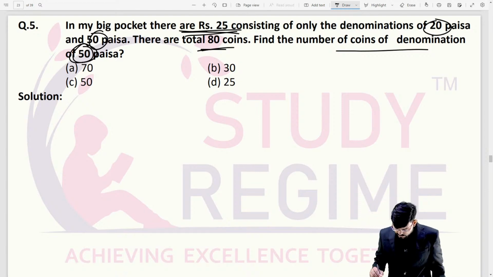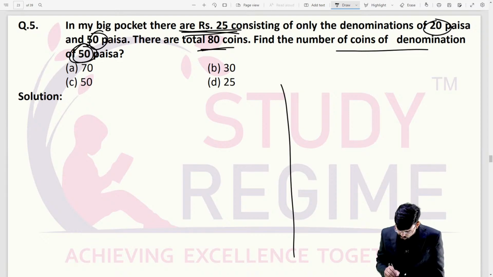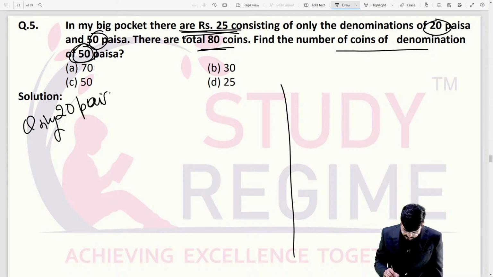Let's suppose I have only 20 paisa coins.